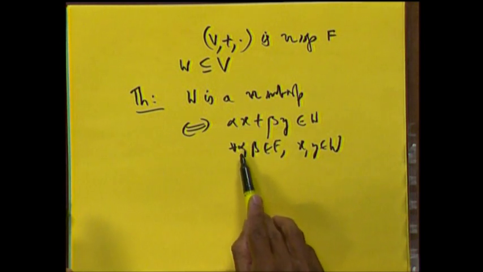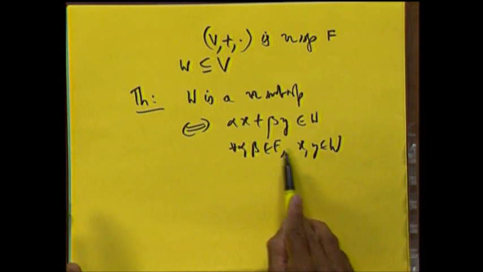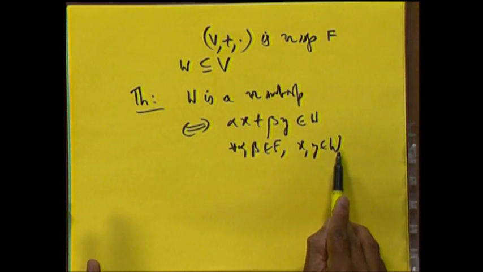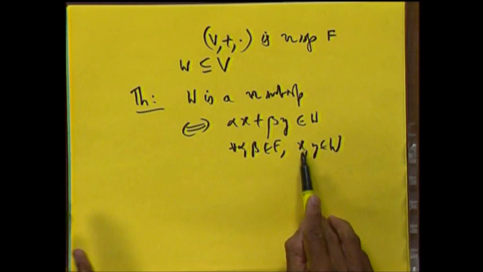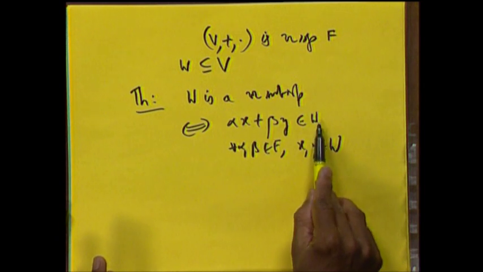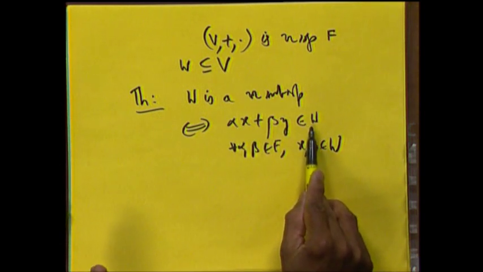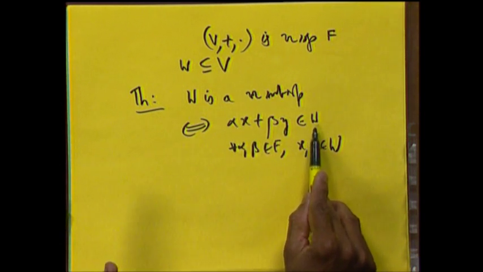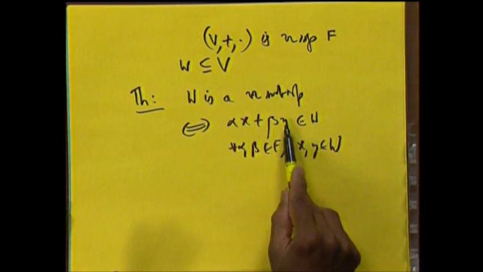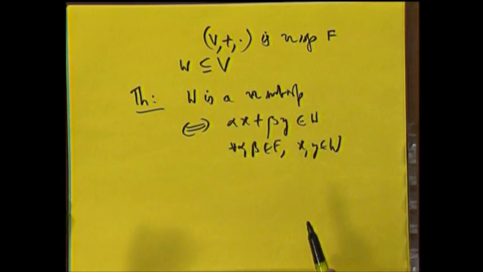So for alpha coming from the scalars and x coming from W, alpha x is also in W, meaning W is closed under vector addition and scalar multiplication. Therefore, W also becomes a vector space in V.